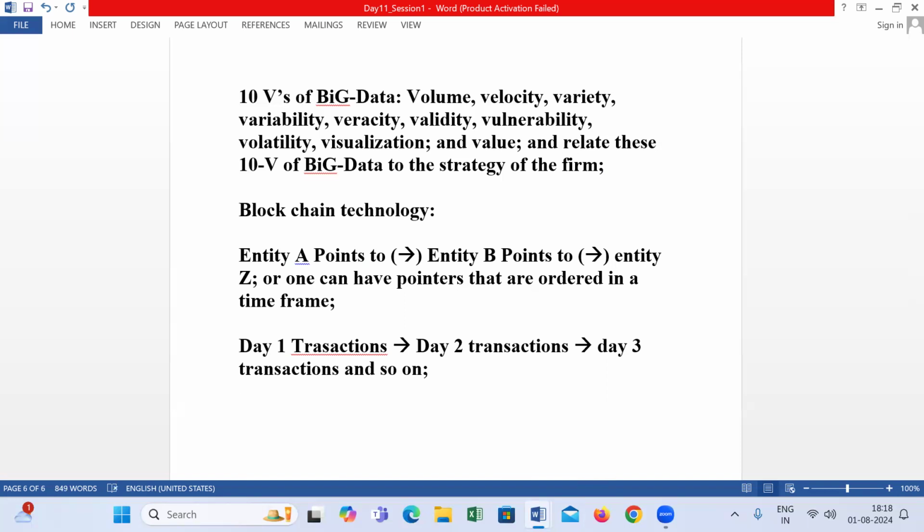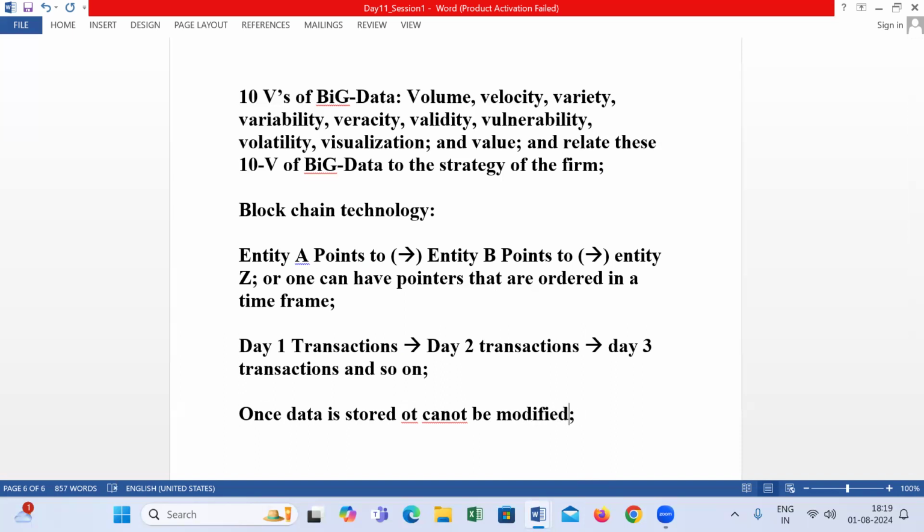And what they do is, once the data is stored, it cannot be modified.